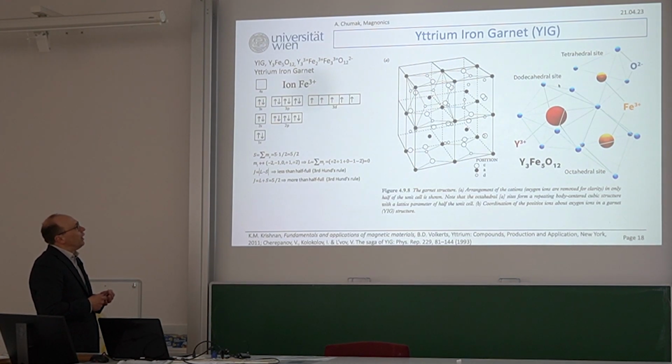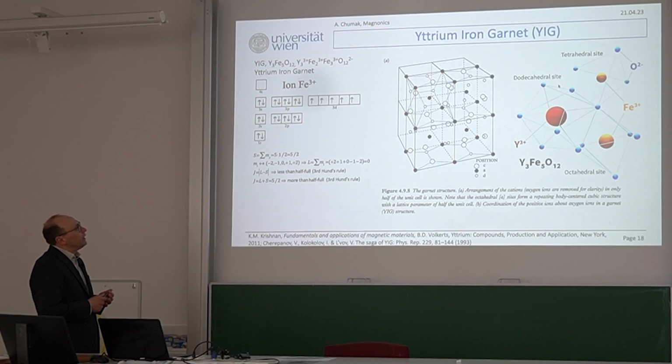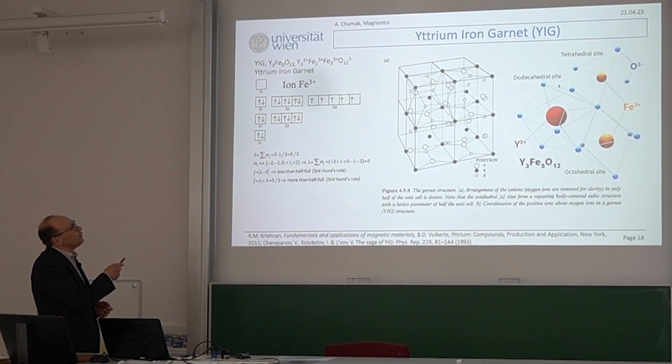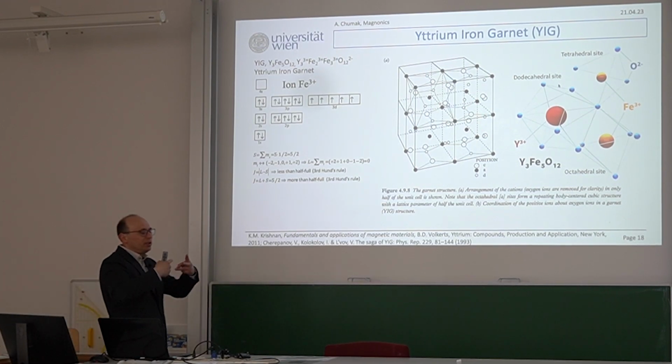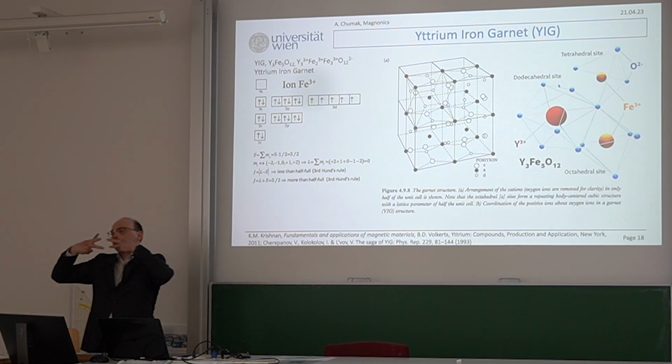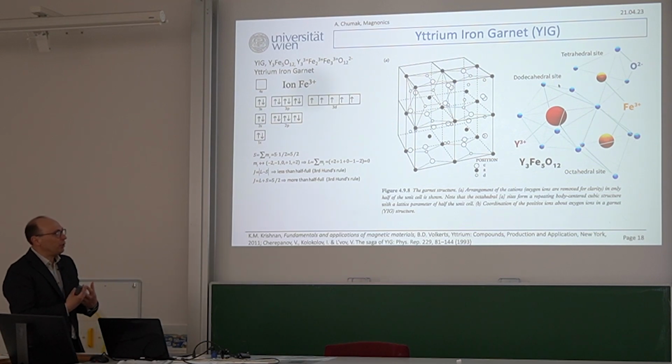Because if you take one chemical formula, you have five ions of iron; two of them will be pointing in one direction, and three of them will be pointing in the other direction. So the magnetic moments from these two are compensated, and only one Fe 3+ gives you a magnetic moment.